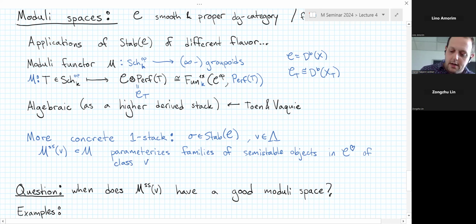Basically, this just means that I can take an object in C_T.